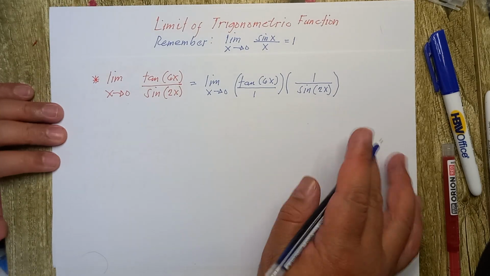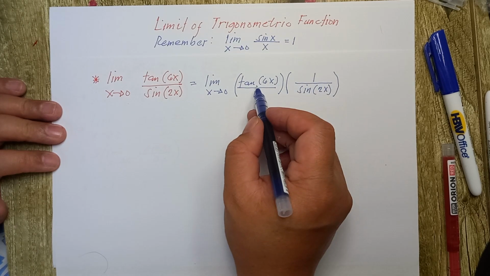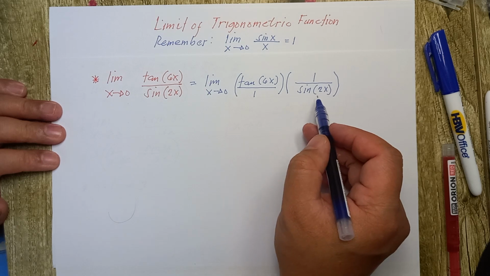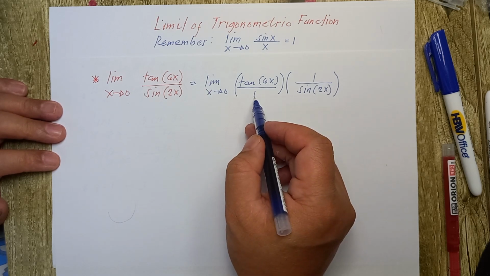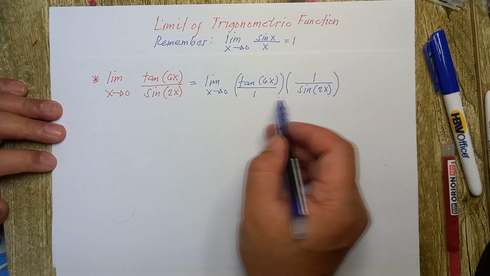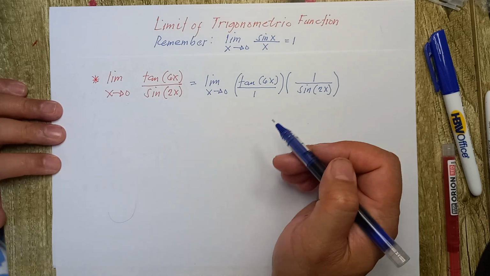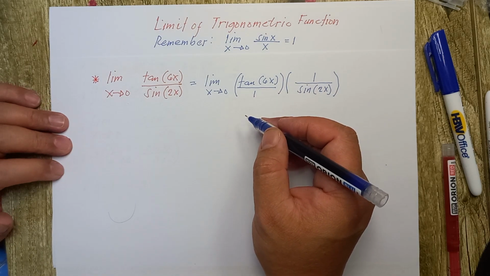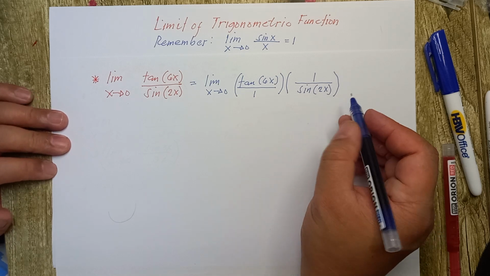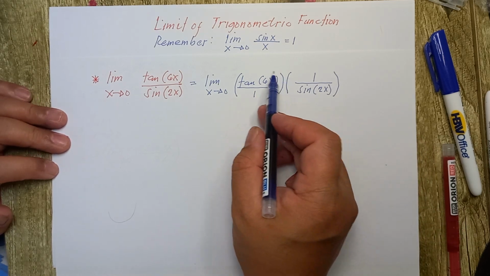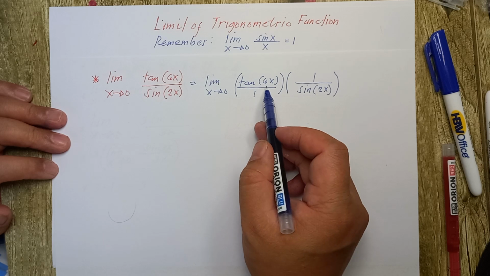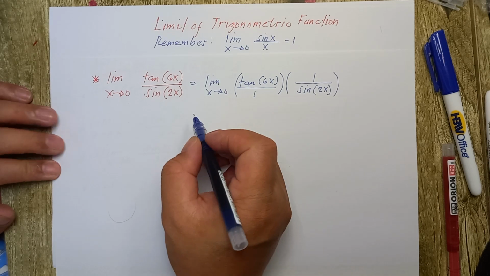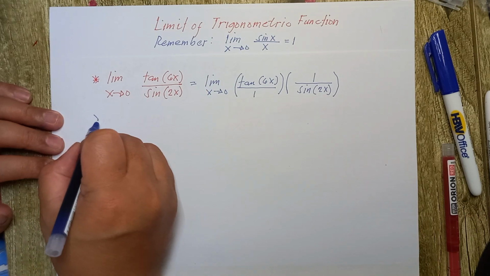So if you are going to multiply this one, it will give you just the same tangent 6x. If you will multiply this one multiplied by sine 2x, it will give you just the same sine 2x. Okay, so that is the result. Now after that one, you are now going to convert this one in terms of sine and cosine. So we have a new statement.